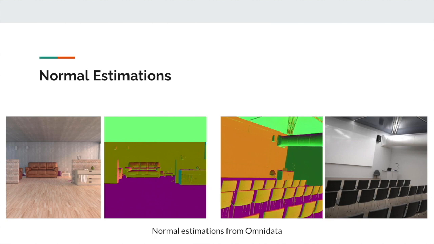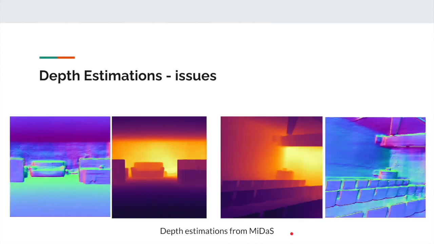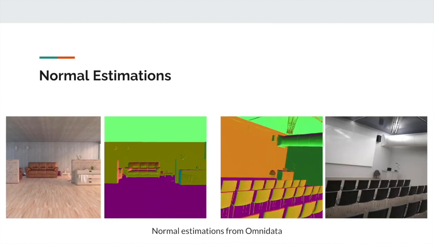Moreover, data-driven approaches have had great progress in estimating normal maps from a single scene, as we can see here. These are the results of the OmniData project. Compared to the normal maps that we got from our depth map, we can see that these results represent the flat surfaces much better.